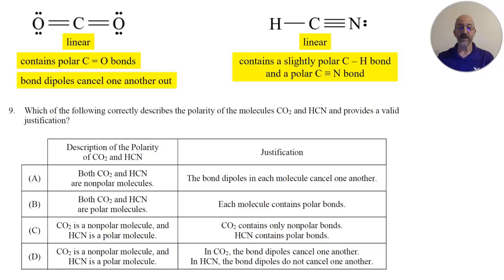Now, the symmetry of CO2 causes the bond dipoles in CO2 to cancel one another out. But there's not symmetry the way we have in CO2. In HCN, it's not symmetrically arranged, so those bond dipoles do not cancel one another out. So what that means is that the CO2 molecule is nonpolar and the HCN molecule is polar.